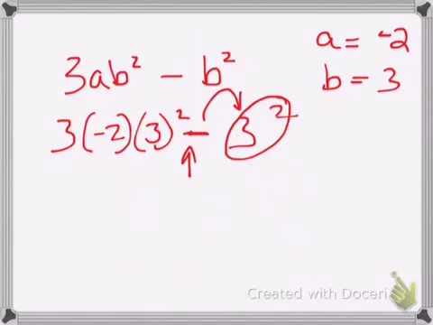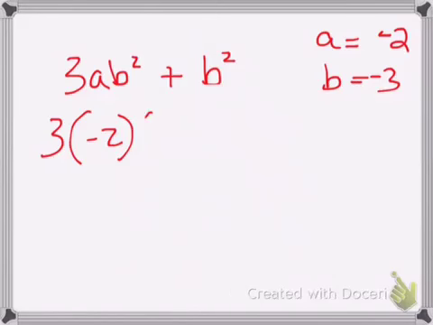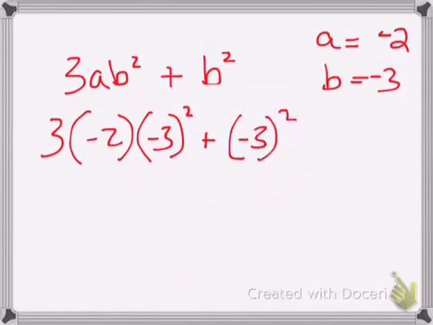Now, where this would change is if we had this same expression, and instead of b being a positive number, let's make b a negative number. Okay? So you with me there? Now, Liam, when you make this substitution, you'd have 3 times negative 2 times negative 3 squared plus negative 3 squared.